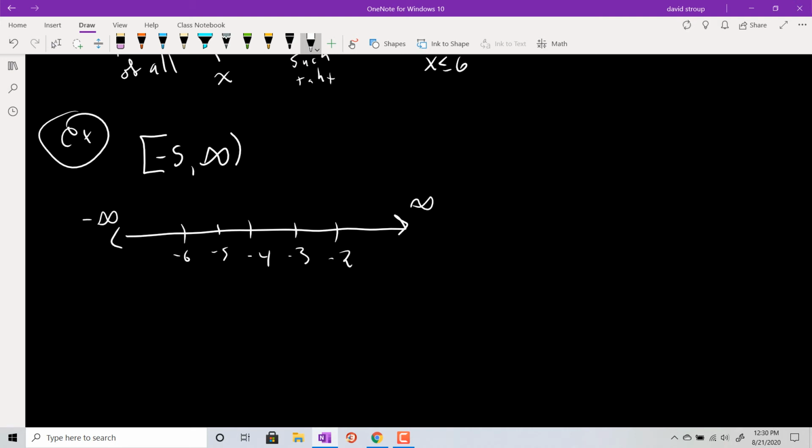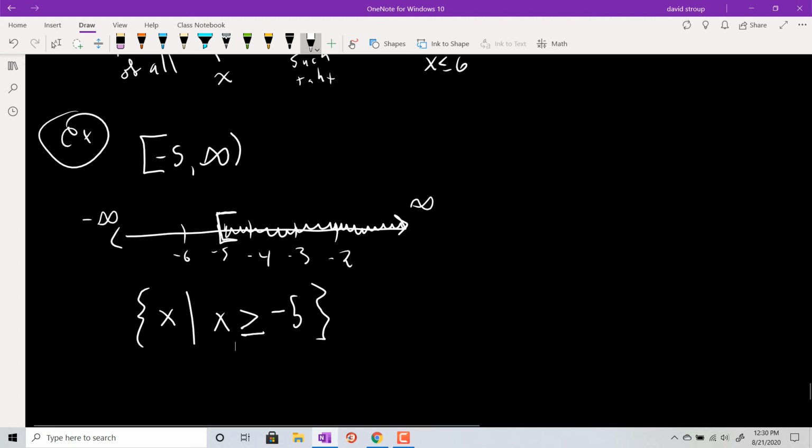So to say all numbers greater than or equal to -5 to infinity is basically that interval that I just shaded in there. And we put a bracket on -5 to indicate that it is included. Okay, so in set builder notation, it's a set of all x such that x is greater than or equal to -5, right? And that would be that.